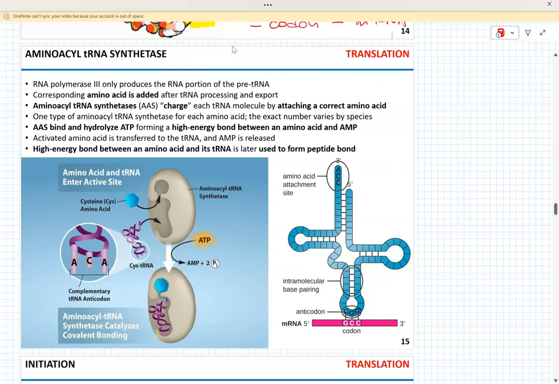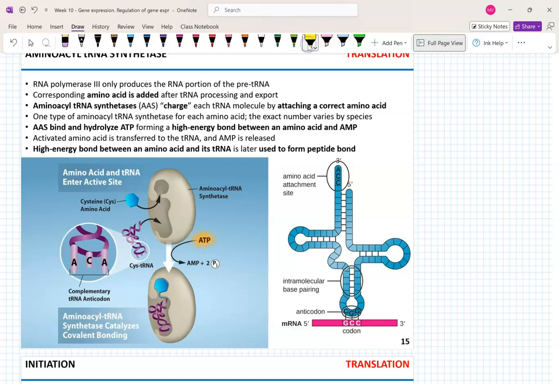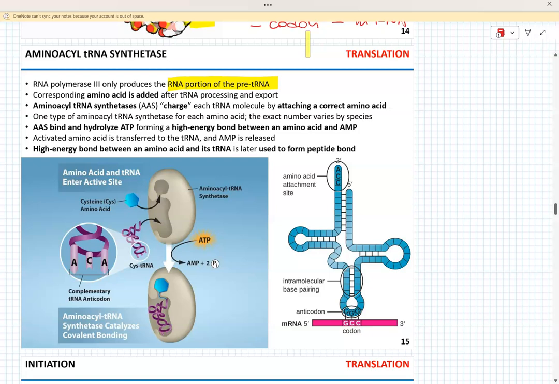How is an amino acid added to the molecule of tRNA? Well, when tRNA is synthesized by RNA polymerase III, only the RNA portion of this molecule is produced. The amino acid that corresponds to the anticodon-designated amino acid is added later, after tRNA is processed and exported from the nucleus.